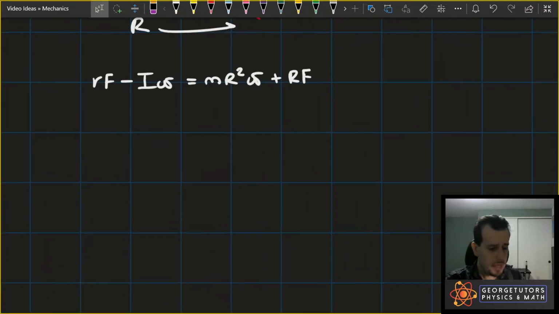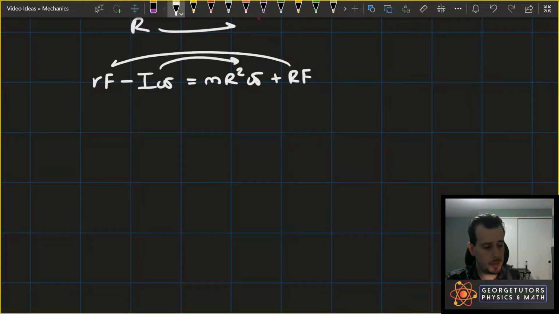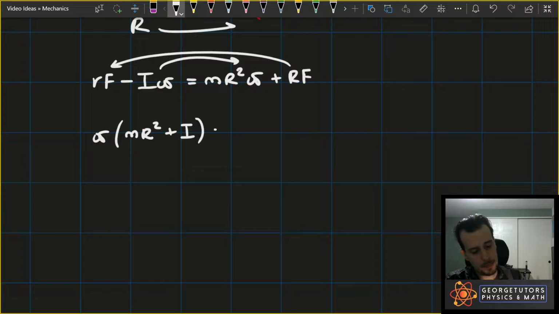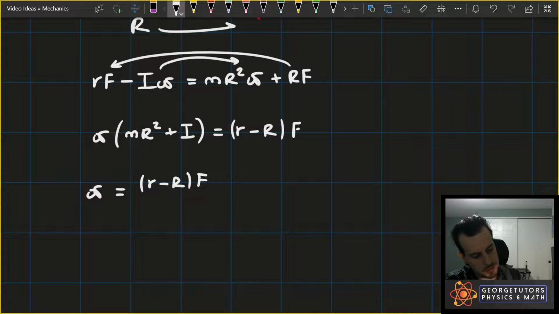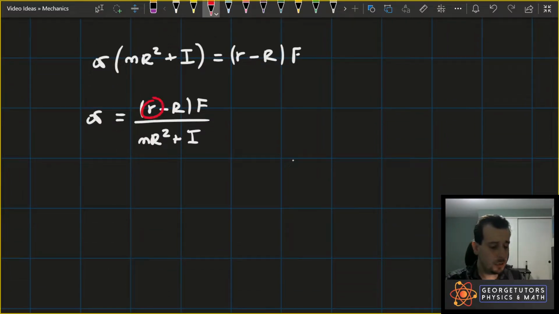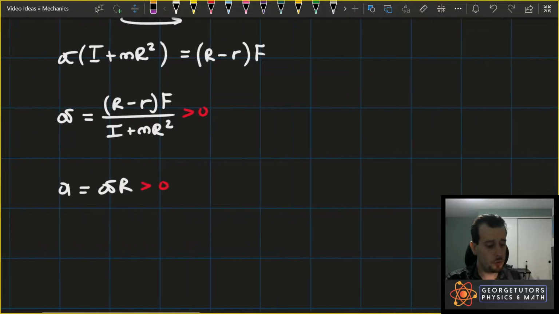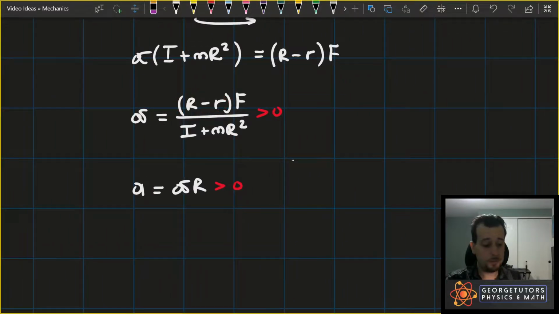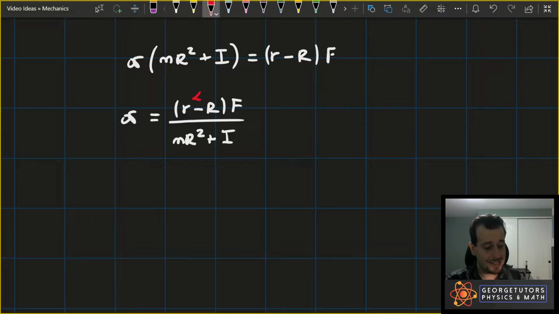And then I can group together again the alphas here and the F's, leaving me with alpha times MR squared plus I. And then on the other side, I'm going to have little r minus capital R times F. And then I can finish this off by rearranging both sides to isolate for that angular acceleration that I so desire. But this time around, notice that it's little r minus capital R as opposed to capital R minus little r. So now this is less than 0.